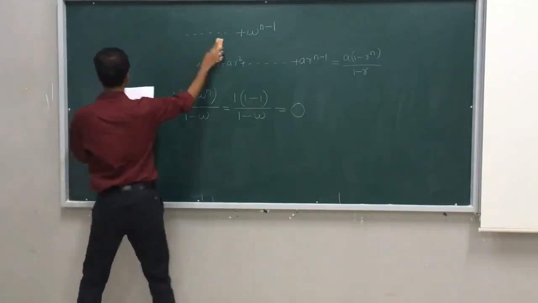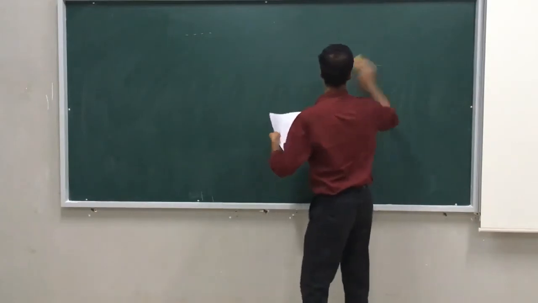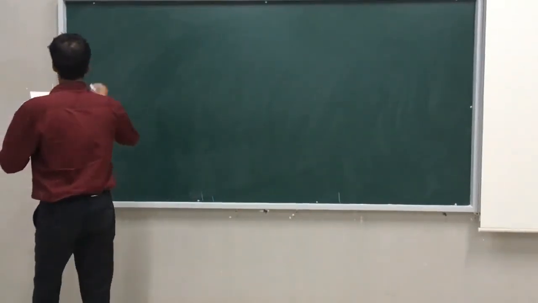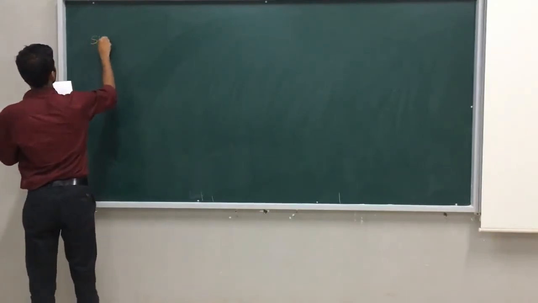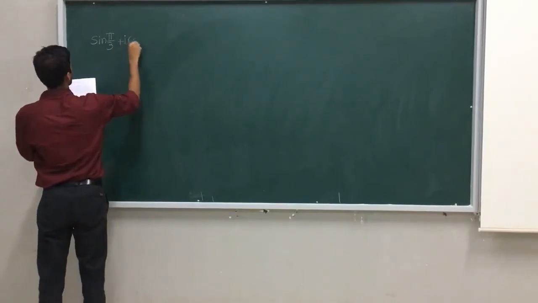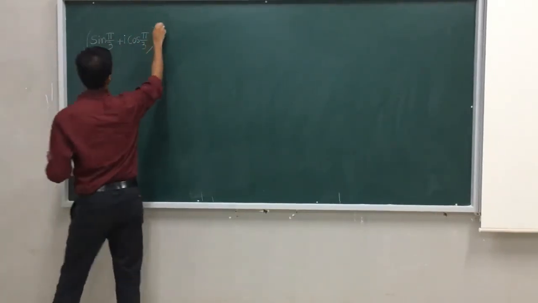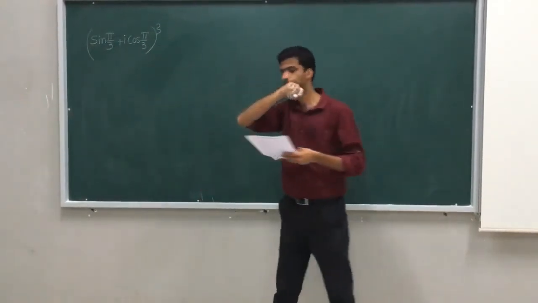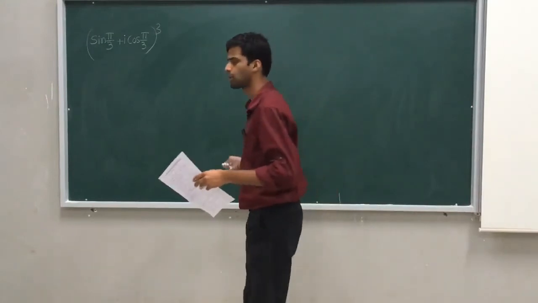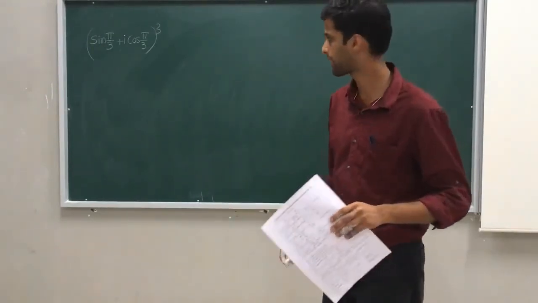Move on to question number 18. They have given sin pi by 3 plus I times cos pi by 3, whole cube. What is the value? If it is cos theta plus I sin theta, I told one formula, it is e power I theta, which I told today in the beginning.